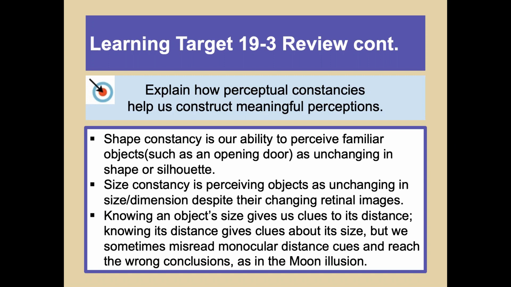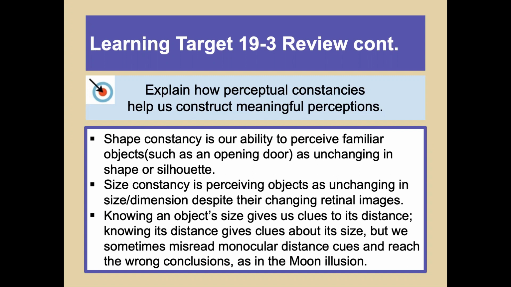How do perceptual constancies help us construct meaningful perceptions? And again, remember, all of this that we're learning, we should be thinking about how what's coming in through our senses isn't necessarily what we're perceiving, because our brain is constructing meaningful perceptions. Shape constancy is our ability to perceive familiar objects, such as an opening door, as unchanging in shape or silhouette.